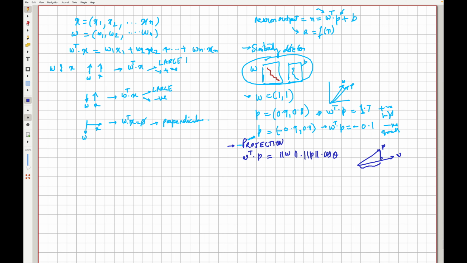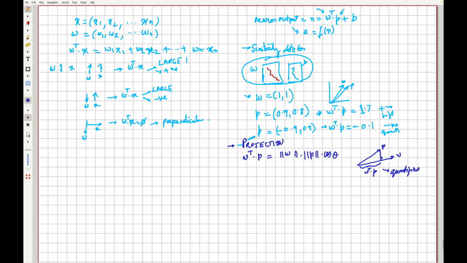This is w transpose p, and this quantifies how similar the vectors p and w are. In other words, each neuron is projecting the input onto the preferred direction of the weight vector, and then we have the bias, which moves the decision boundary.